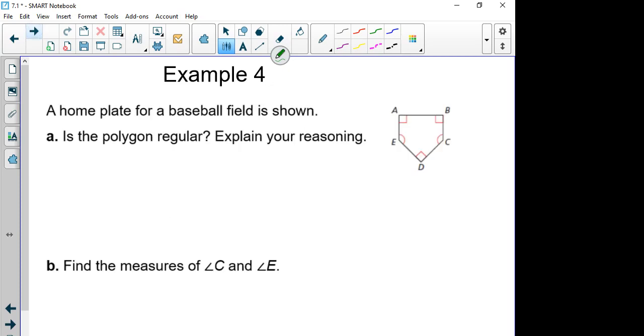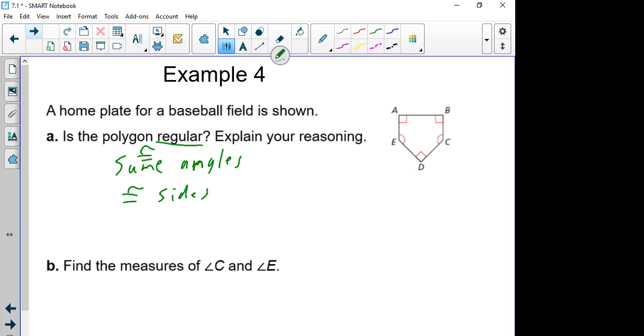Okay, example 4. Home plate for a baseball field is shown. Is it regular? Well, step back to the previous unit. A regular polygon means that we have the same angles, and when I say same, I mean congruent.